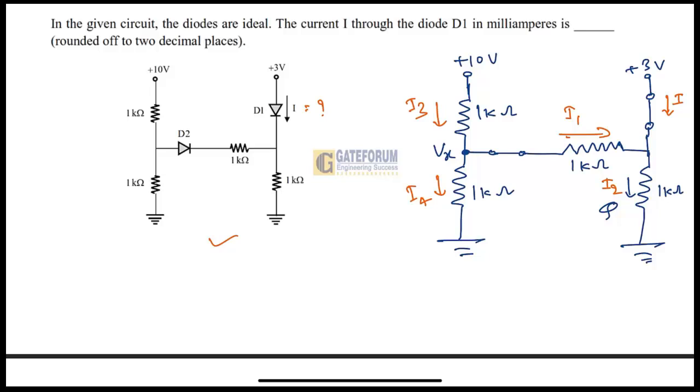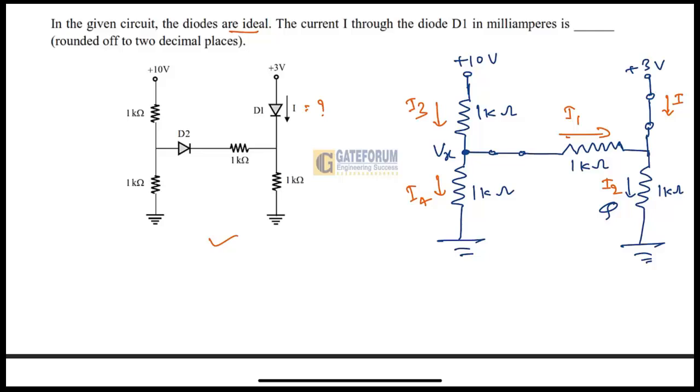Before going into the detailed analysis, we don't know whether these two diodes are in the on state or off state. So first of all, we have to check by making an assumption whether each is in the on state or off state. So I'm assuming here that both diodes D1 and D2 are in the on state, and for the ideal diode we know that it acts as a short circuit.